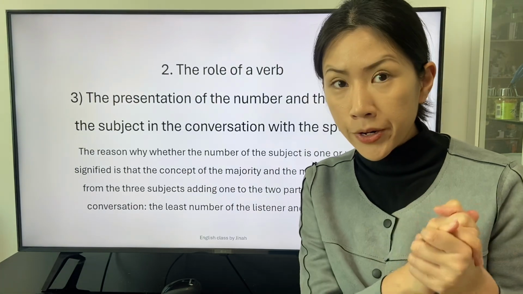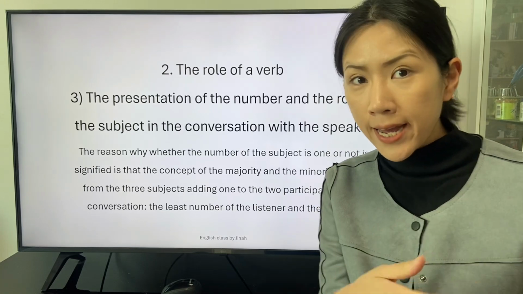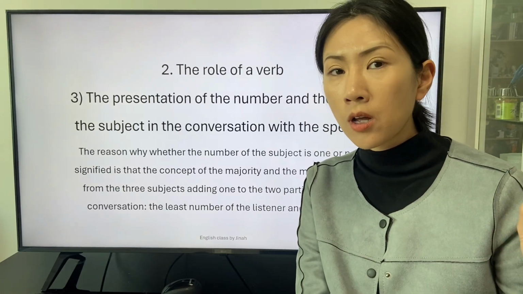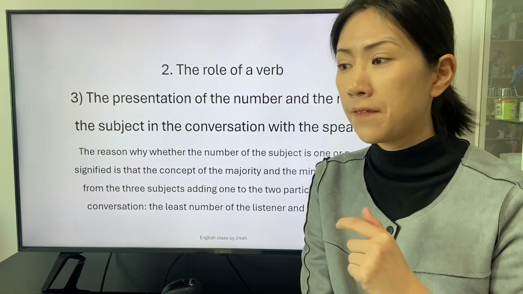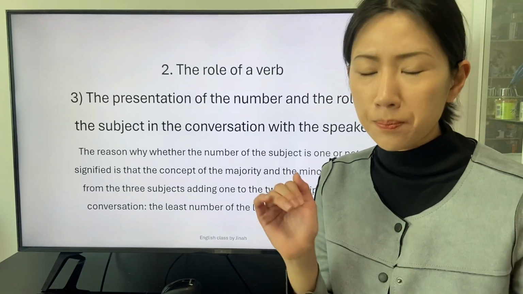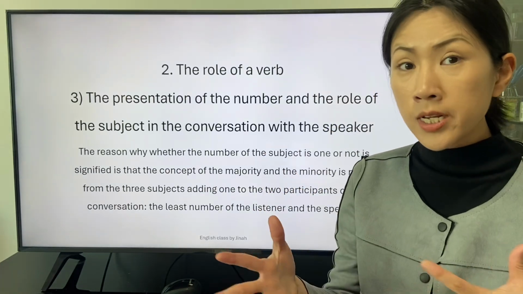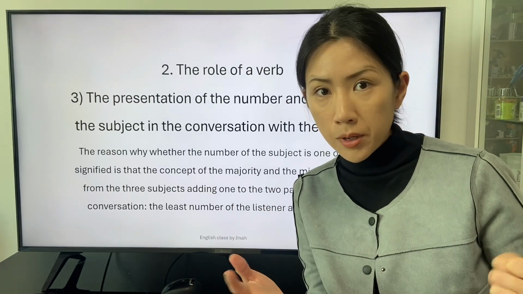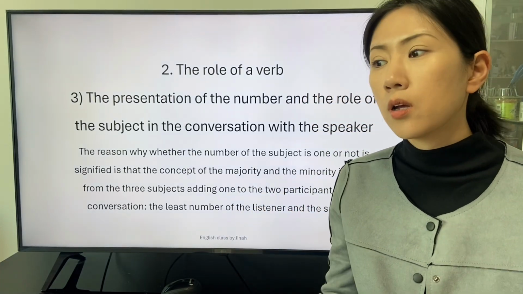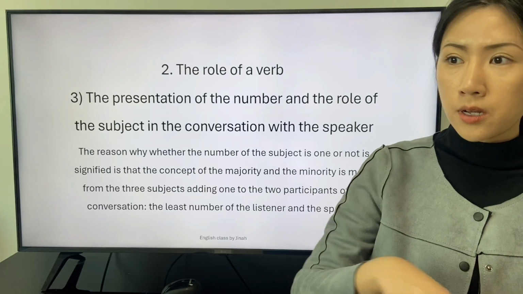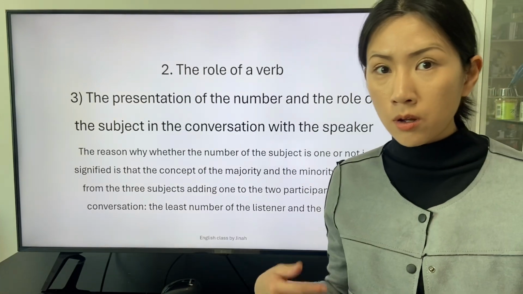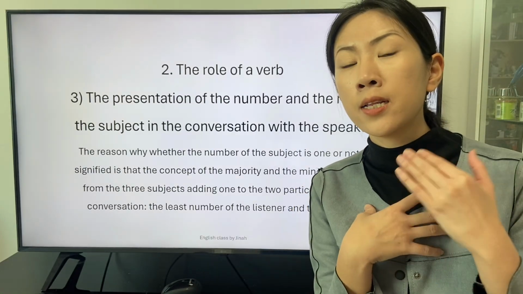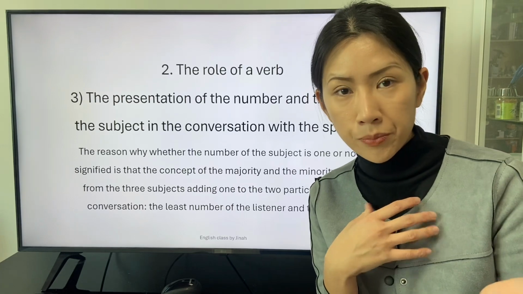When a speaker communicates with the least number of listeners at the present, the person who did not participate in the conversation can participate in the conversation with the speaker and the only listener.